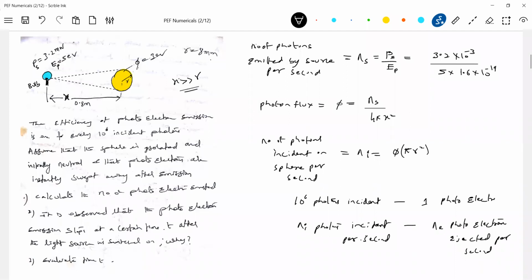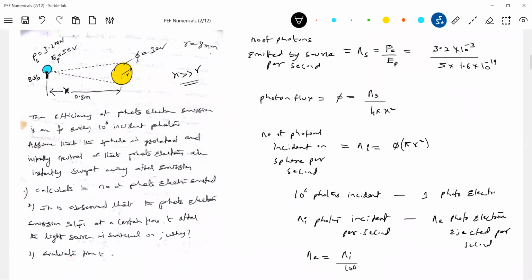We know Ni. So the number of photoelectrons ejected per second is Ni by 10 to the power of 6. So these many photoelectrons will be ejected.